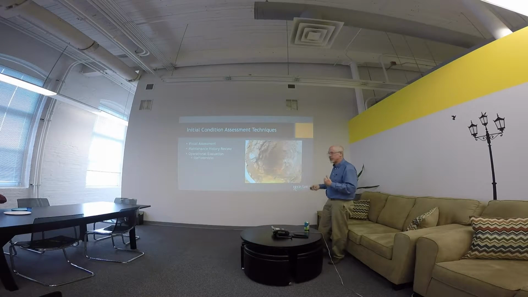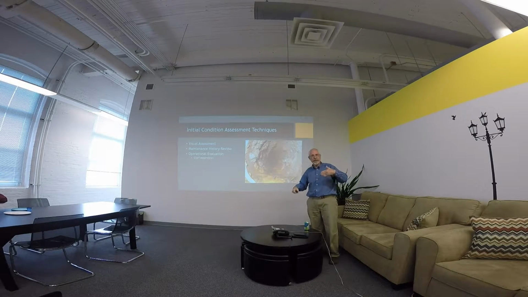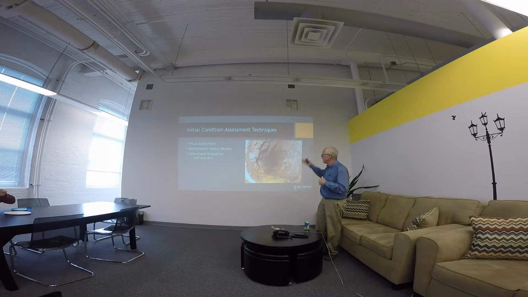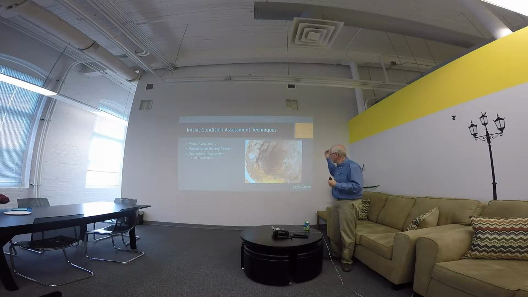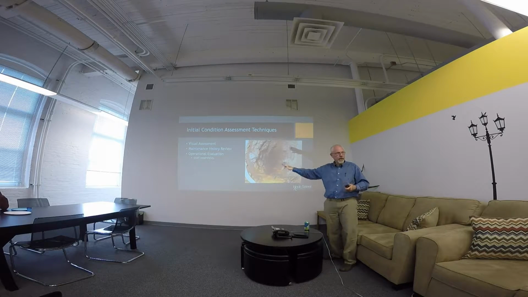And by doing the condition assessment, you can do your repairs and maintenance, which we'll cover in our next training session. Visual inspection. Here we're looking at a water pipe, and this water pipe feeds the nursing home and everything. So we look and say, okay, what is the condition of this pipe?